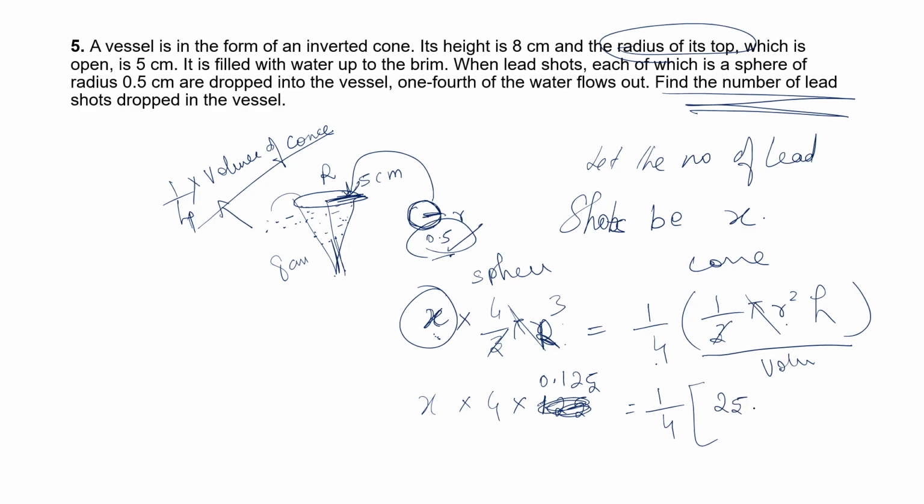So 25 into, what is the height? Height is 8 of the cone. Okay, so then we can cancel this, and now you can take 25 into 250 here. This is 50, right? 25 into 250 divided by this one. 125 into 2 will be 250.